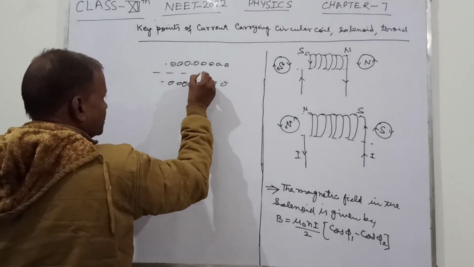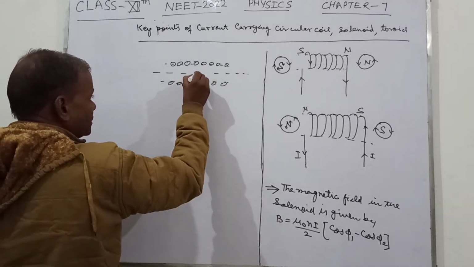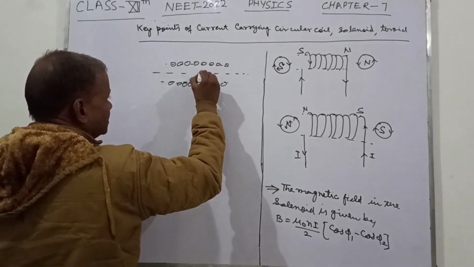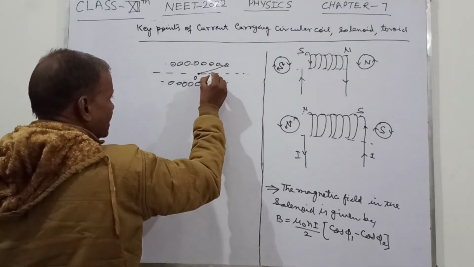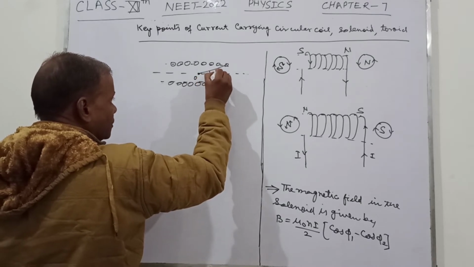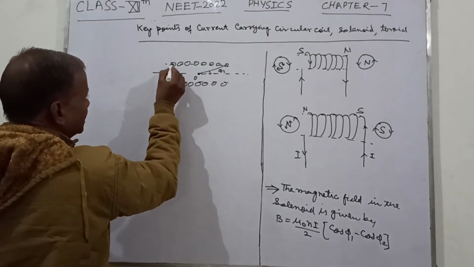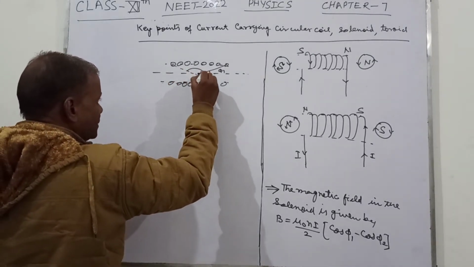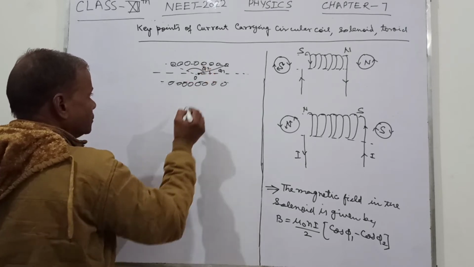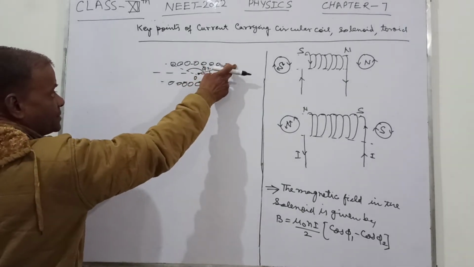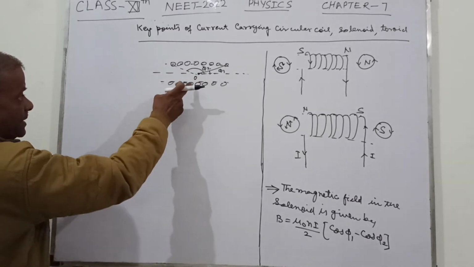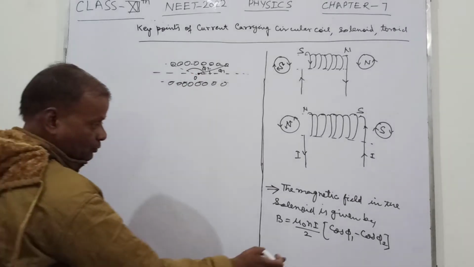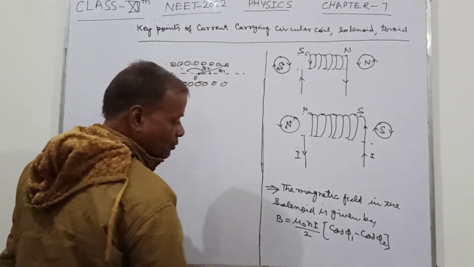This is the axis of the solenoid, and this is now suppose center O. And this end makes an angle with this one, suppose phi 1, and the other end makes an angle with this, that this angle is phi 2. The angle made by this end at the center is phi 1, and because of this end, this angle is phi 2. So that I have taken cos phi 1 minus cos phi 2.